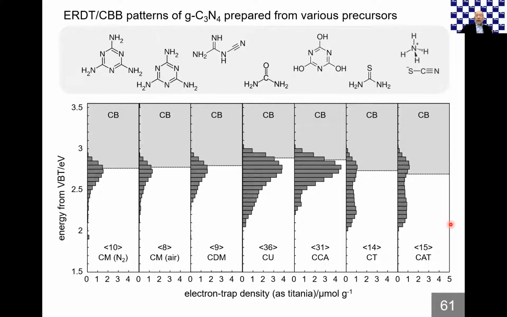And several features: by using the oxygen-containing precursor, the CBB position is a bit higher. That means the band gap becomes a bit wider. And the oxygen might be doped on the surface to give the lower energy peak. Still, we cannot assign what that is, but we can see the low energy peak when we use an oxygen-containing precursor.